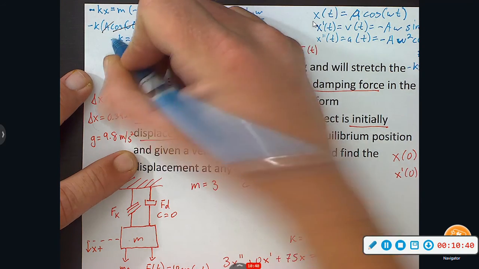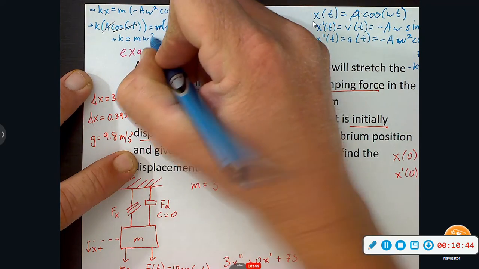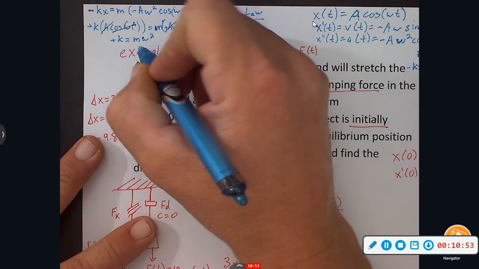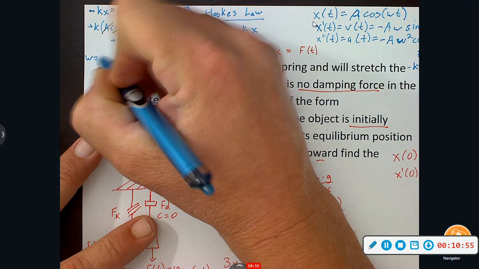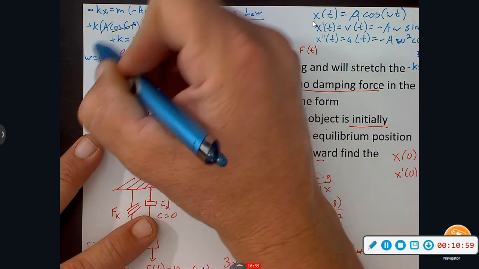Oh, and the negatives cancel, right? Getting a little closer. We solve for w. So let's move that over here. w would equal the square root of k over m. Okay, so that's where they get w from.